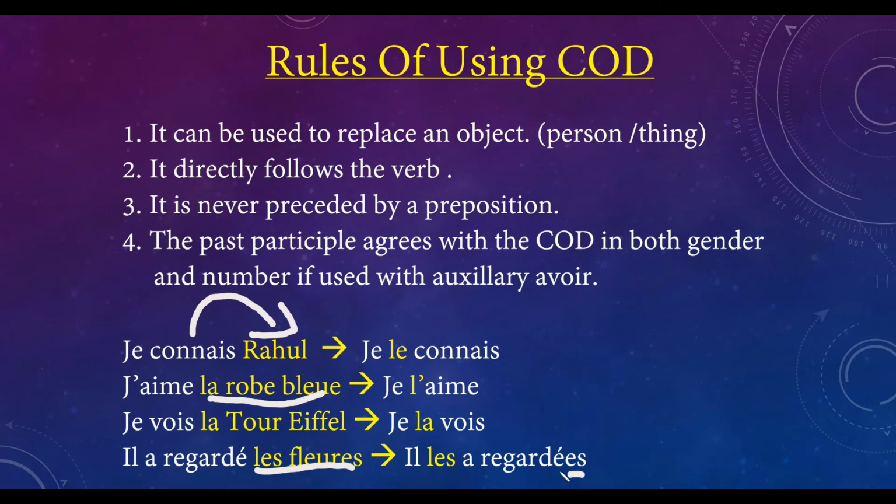Therefore regardé will be feminine plural. How will you make it feminine plural? By adding e and by adding s. So I hope you understood this concept, and this happens only with auxiliary avoir, it does not happen with être. So if you are using a COD pronoun with avoir in past tense, the past participle must agree in both gender and number with the COD. I hope this much is clear so that we can proceed.